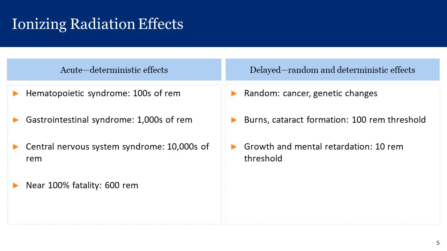Let's talk now about health effects of ionizing radiation. So I want to begin this slide with a couple of background principles here. The first principle is that there are two categories of health effects of ionizing radiation.